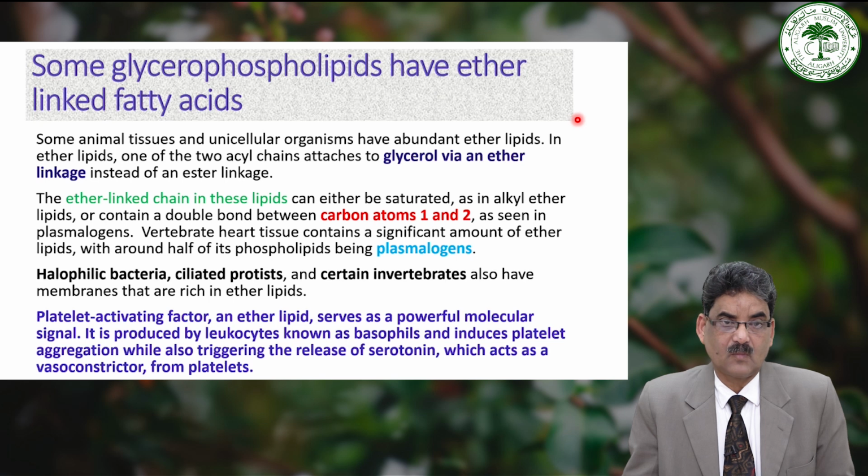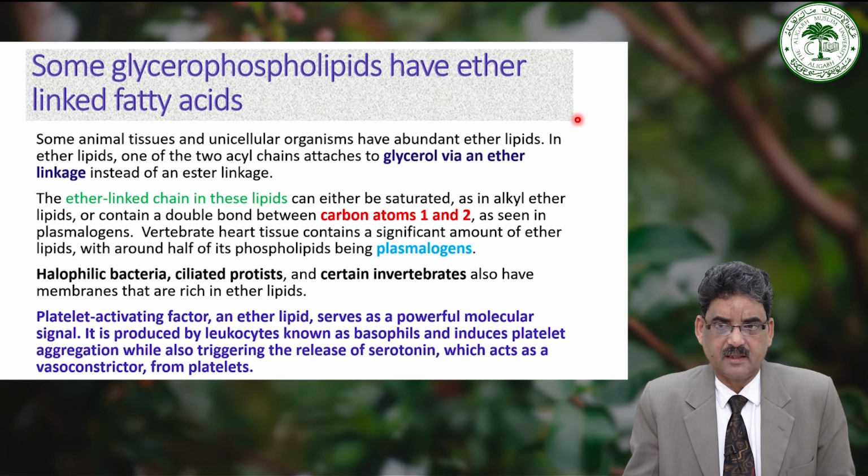Some glycerophospholipids have ether-linked fatty acids. So, certain animal tissues and unicellular organisms possess a high concentration of ether lipid, where one of the two acyl chains is connected to glycerol via an ether linkage instead of an ester linkage.